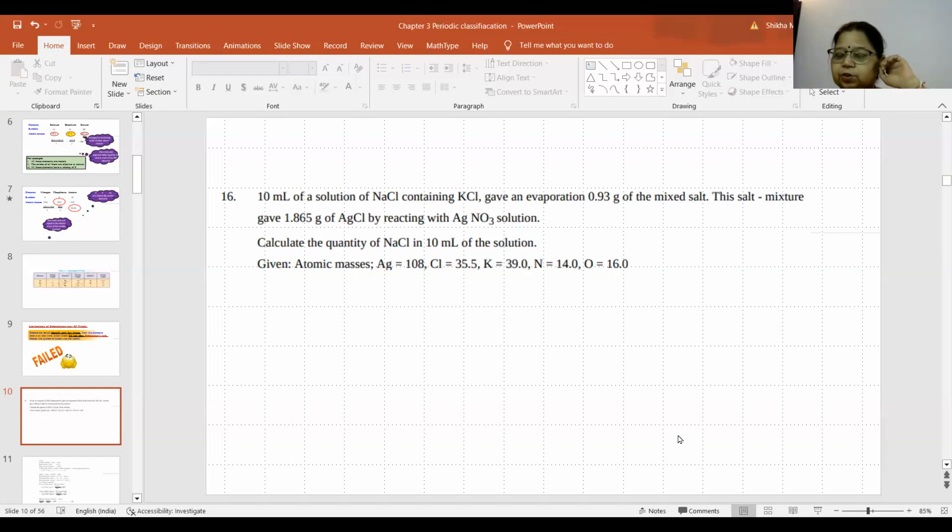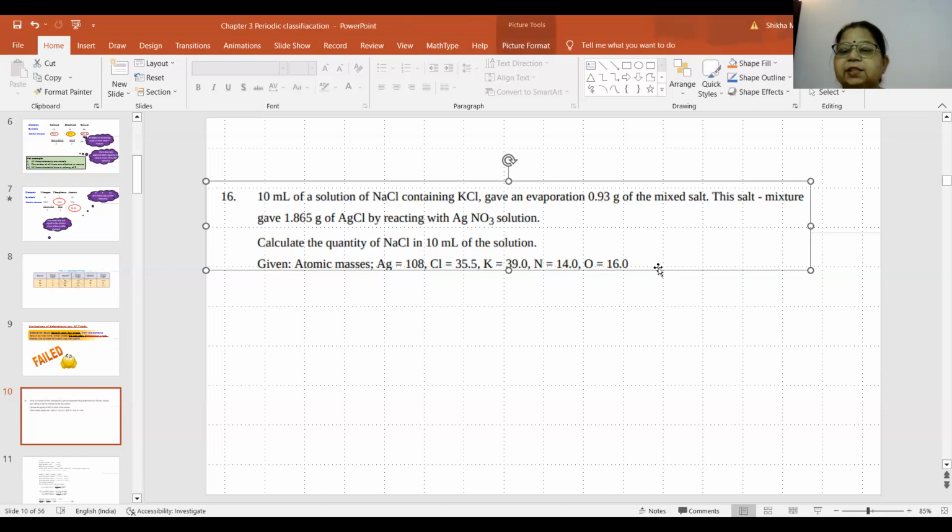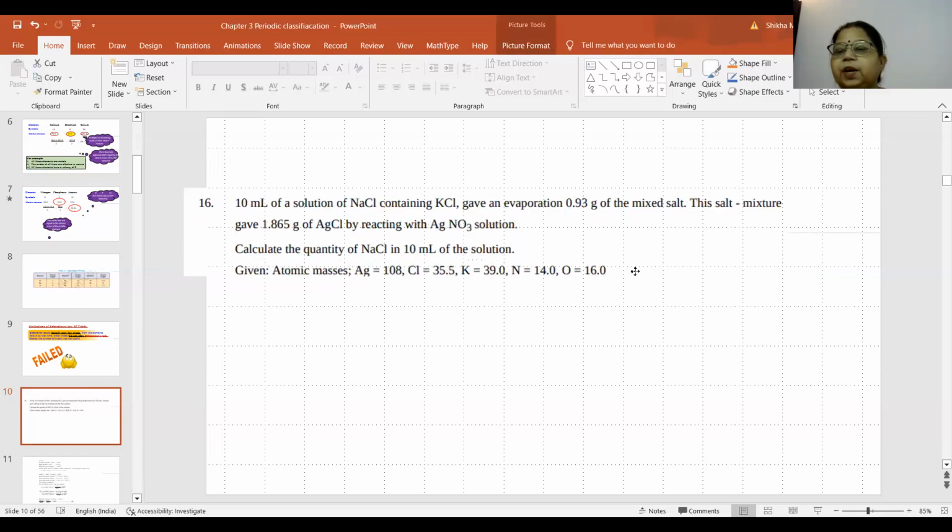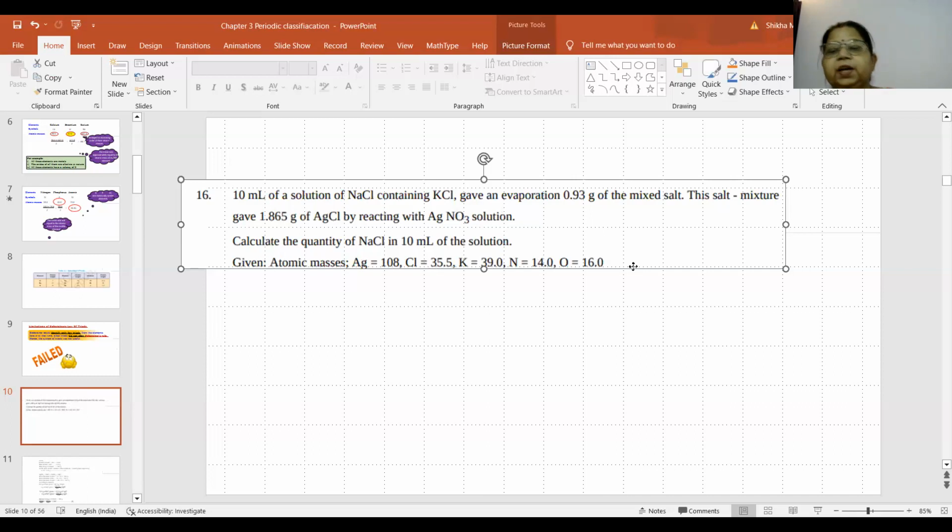Okay, I will quickly show you the solution or tell you how to do it, because I believe this question is not very popular in your books, but it is usually asked in various exams. So according to this question, we are given a 10 ml solution of sodium chloride, which has potassium chloride, that is KCl, as impurity, right?